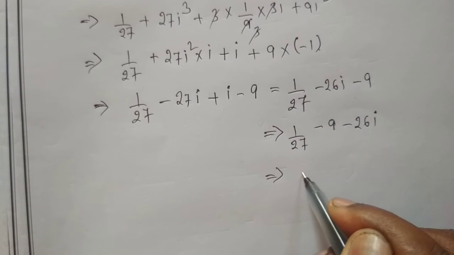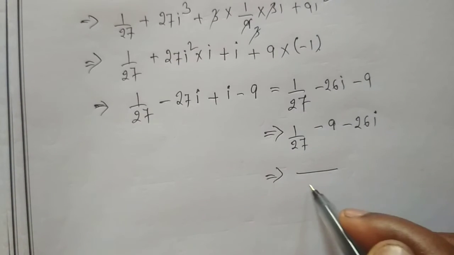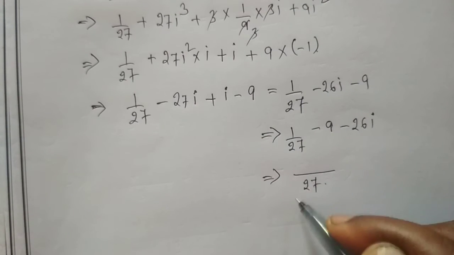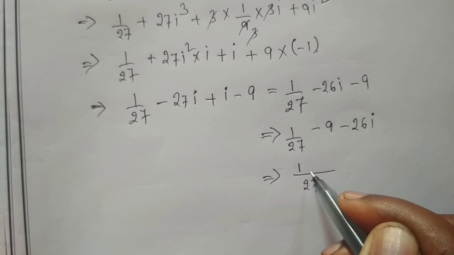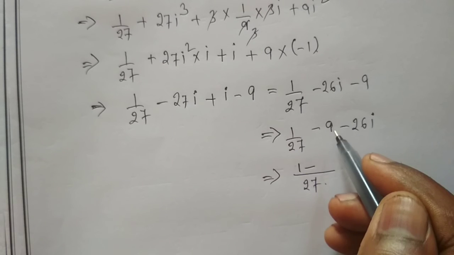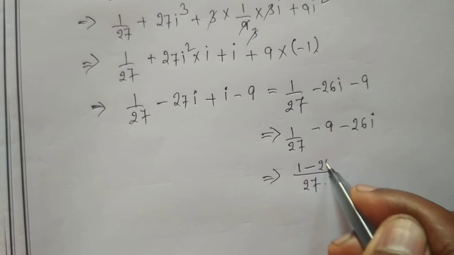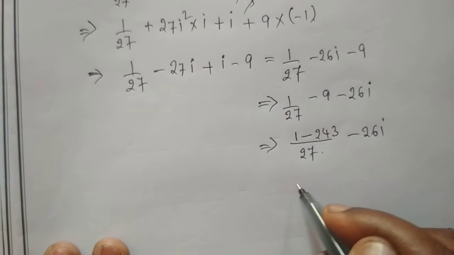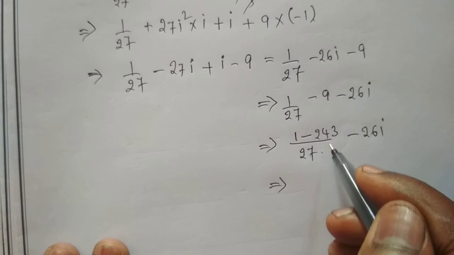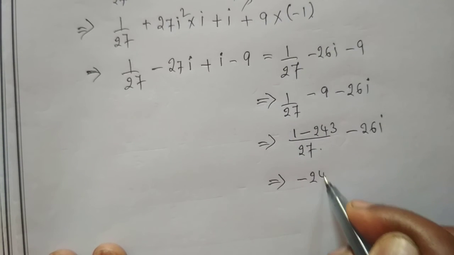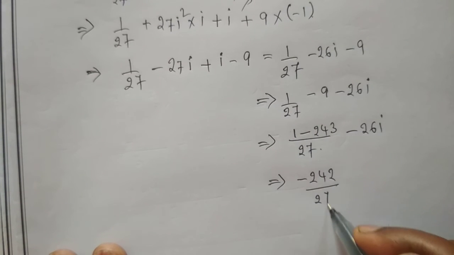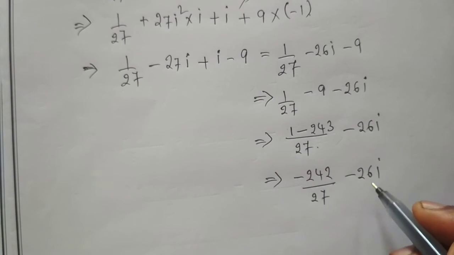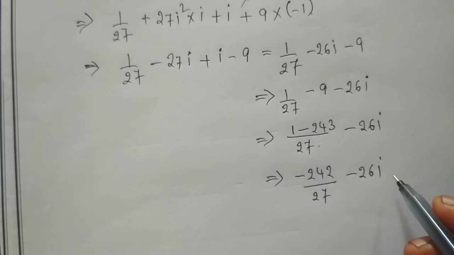Here the real part LCM is 27, so the numerator value is 1 minus 27 9s are 243, minus 26i, that implies 1 minus 243 is minus 242 by 27 minus 26i is the standard form of complex number.